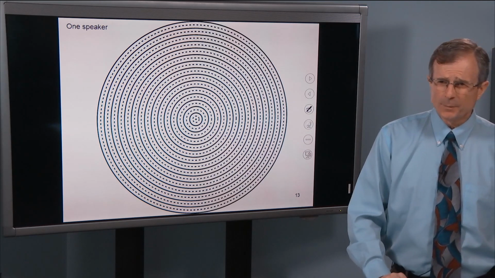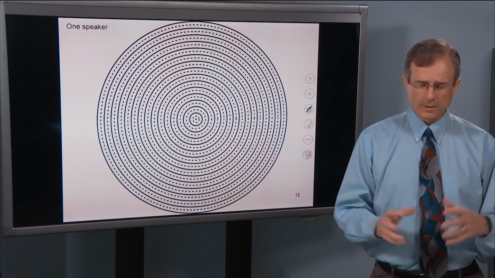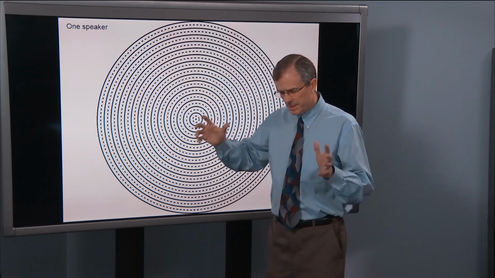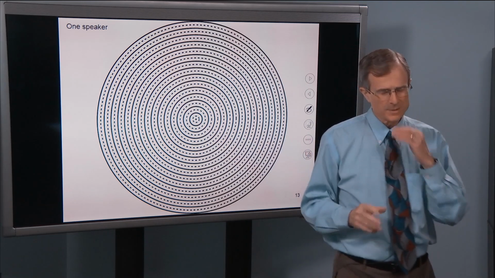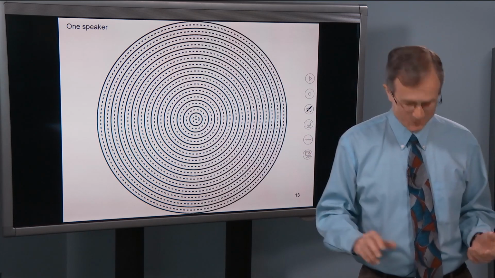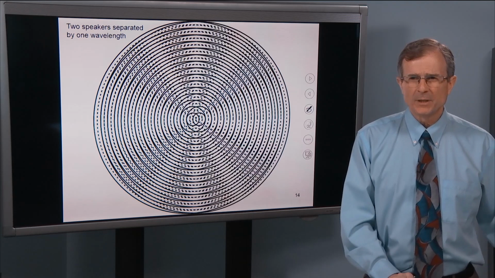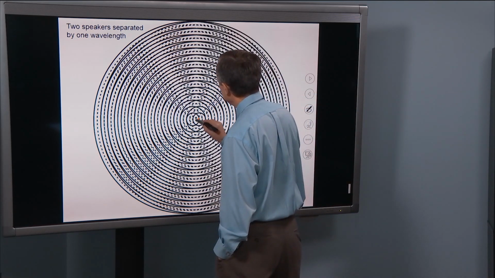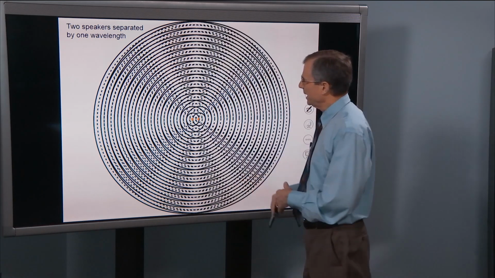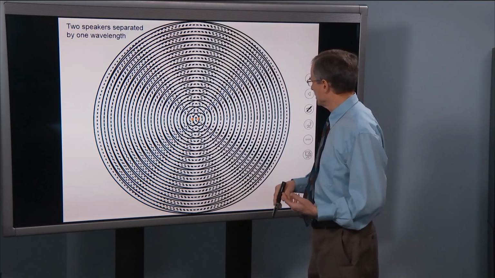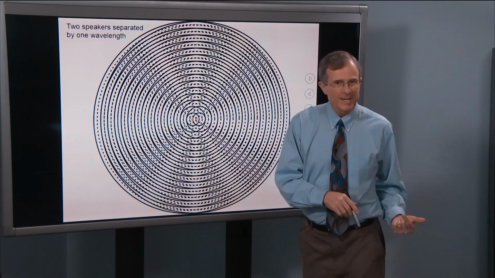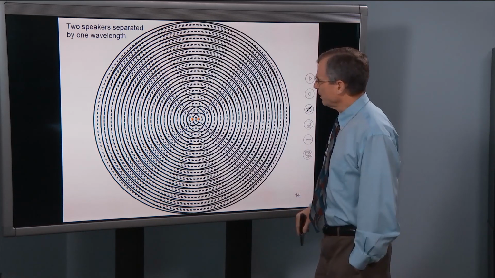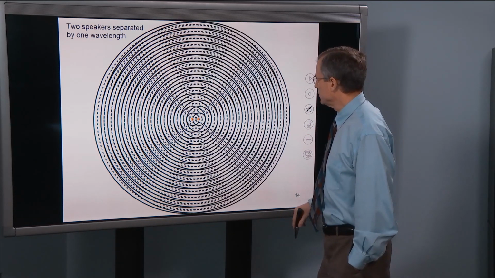This is the pattern created by a single speaker. You have to imagine a speaker placed in the center here and sending sounds out in all directions, so it's an omnidirectional speaker. With two speakers separated by one wavelength, sending out waves in all directions, with the black lines denoting crests and the dotted lines denoting troughs, where do we get constructive interference and where do we get destructive interference?